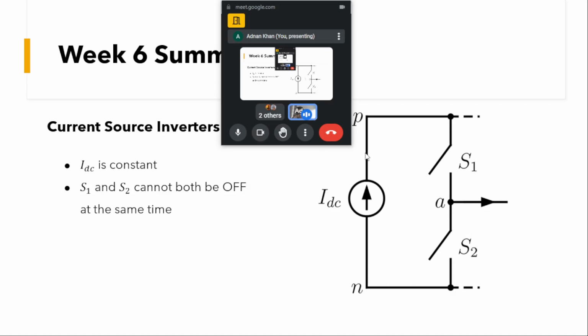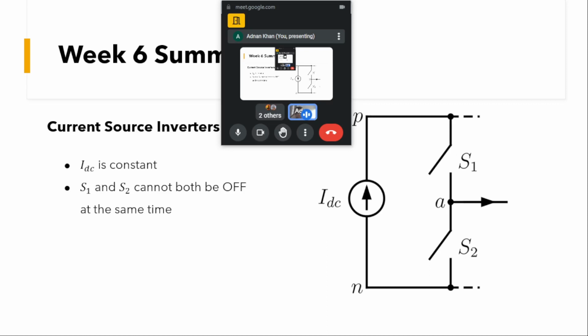This current source can be achieved by having a voltage source with a high inductance in series. Due to that inductance, it won't allow any change in the current. So we can assume this is a constant current source where current can have only one direction.